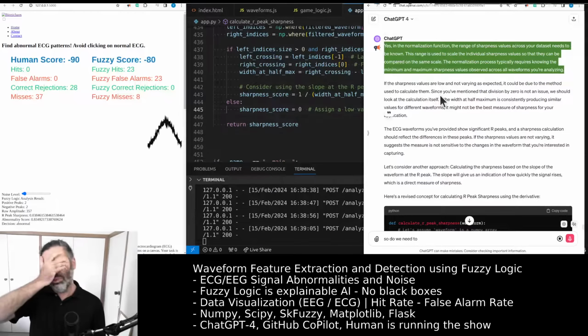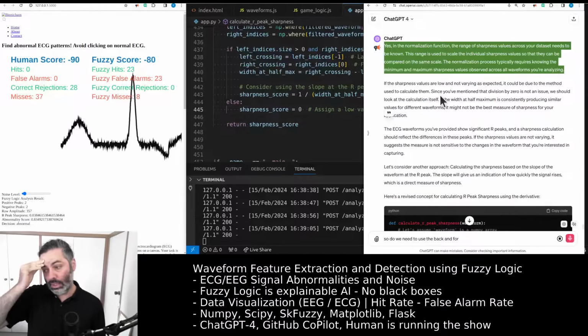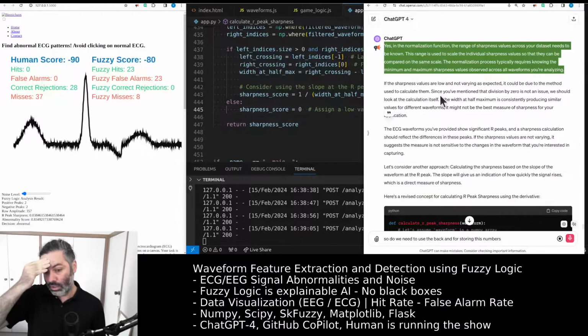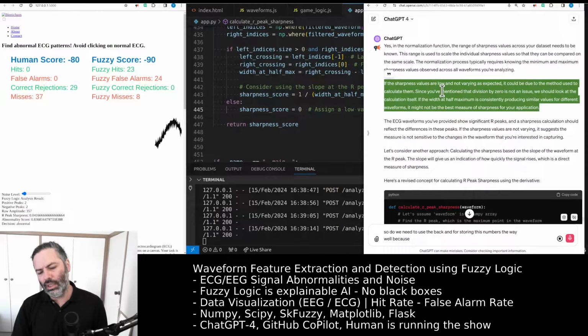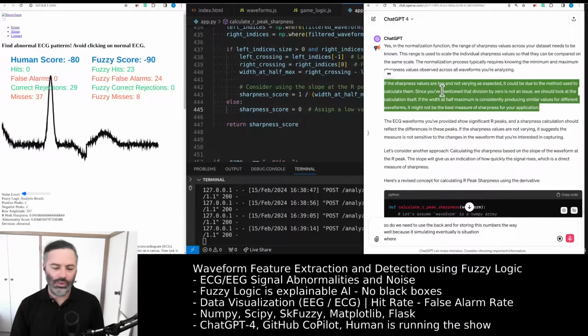So do we need to use the backend for storing these numbers? Well, because it's simulating eventually a situation where you just connect the device.